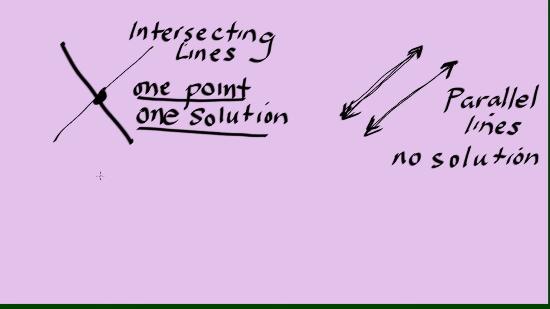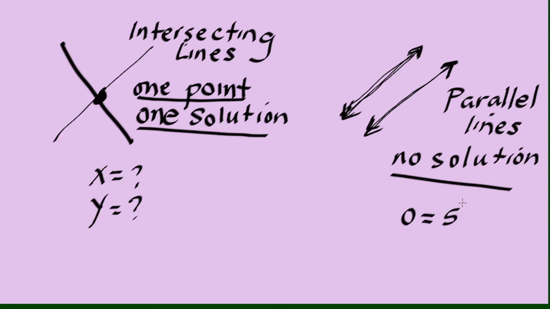Now, in the first example, we came up with one x value and one y value. Those are the solutions for this type of system. When the lines are parallel and you solve by algebra, you will come up with a nonsensical statement, something like 0 is equal to 5 or 0 is equal to 8, which doesn't make sense.